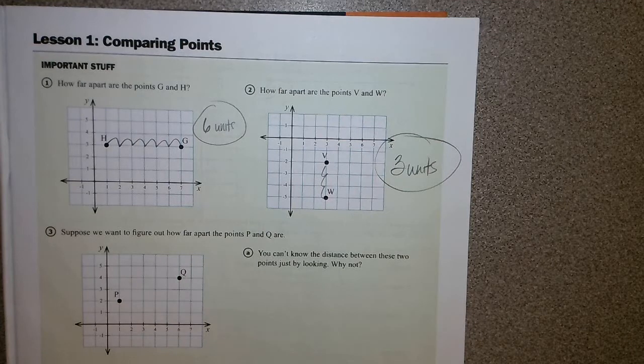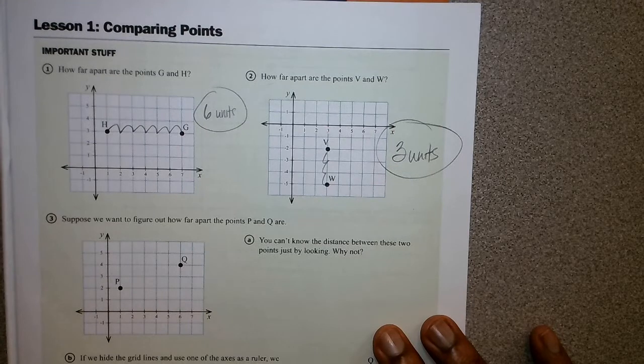Suppose we want to figure out how far apart the points P and Q are. What? You can't know the distance between the 2 points just by looking. Why not?